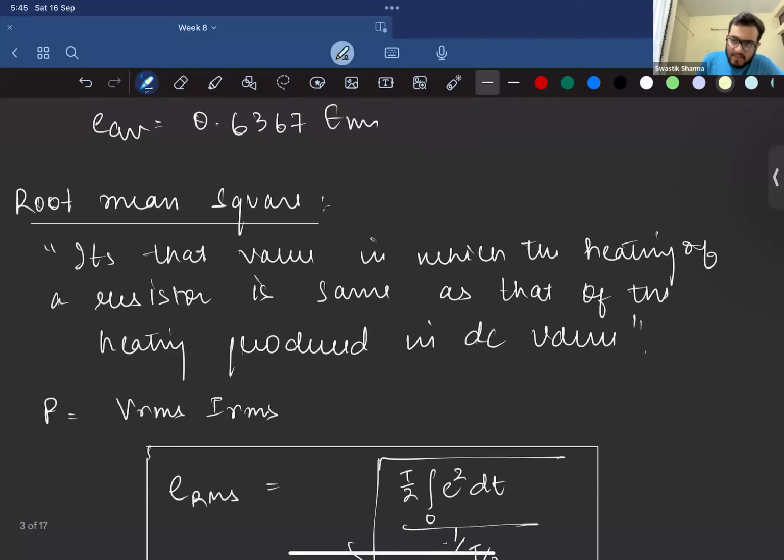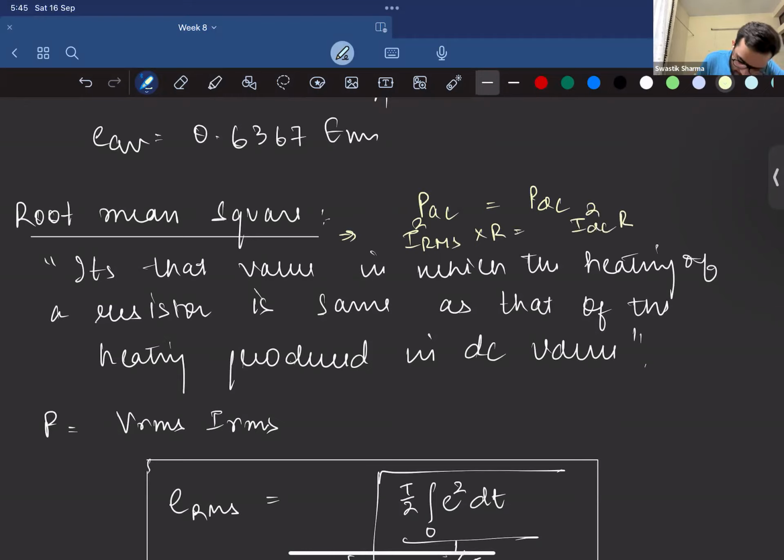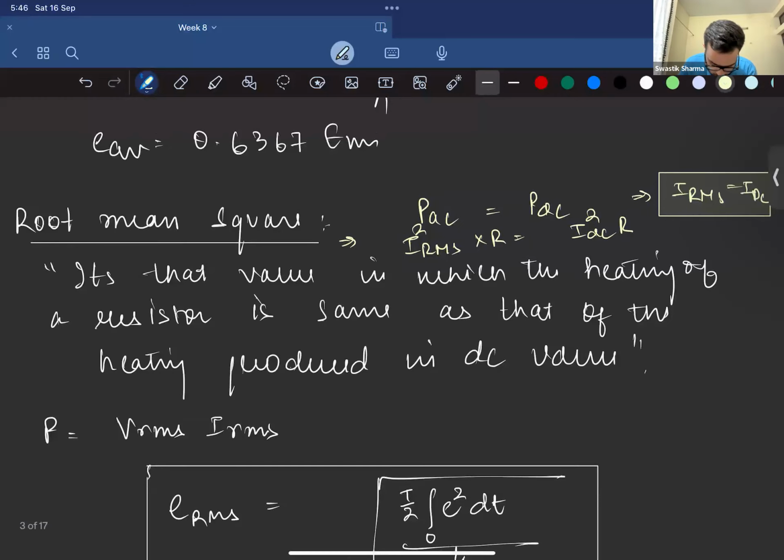What I said was the heat produced in the AC circuit is equal to that in the DC circuit, so PAC is equal to PDC. So what is the heating effect? It's I square RMS into R equal to I square DC into R, right? So IRMS is nothing but IDC. So when we have two circuits, we can say that it's the heating effect. That's what RMS values mean.